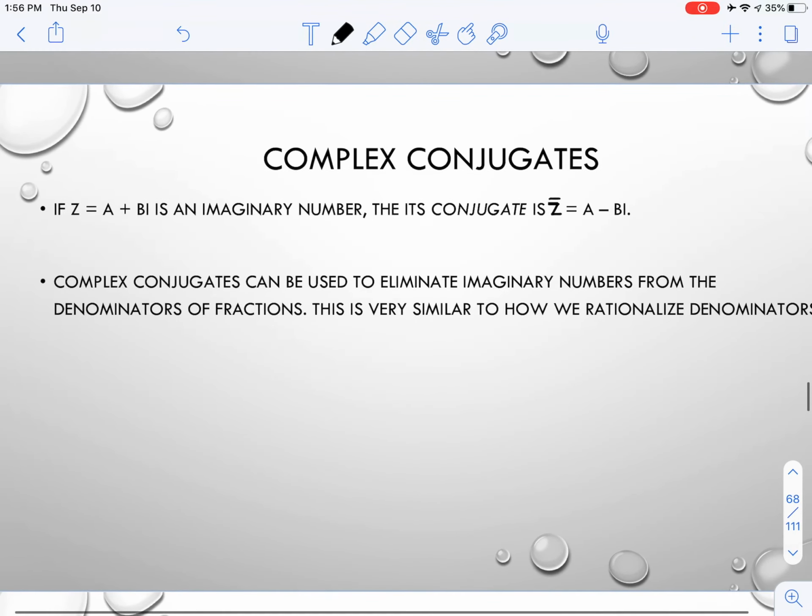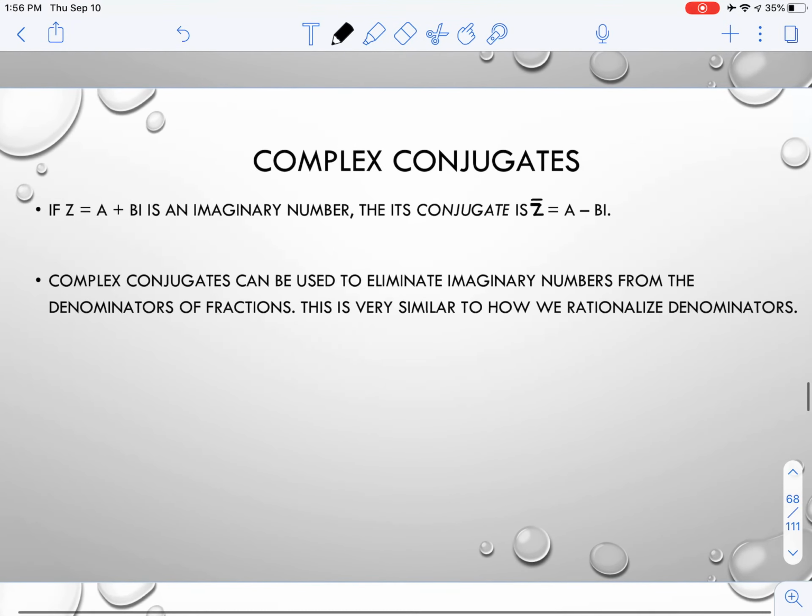Complex conjugates. In the event that we run into something where we have an imaginary number in the denominator, I need a way that I can cancel that imaginary number out of the denominator, just like when you rationalize denominators to get rid of a square root in a denominator.